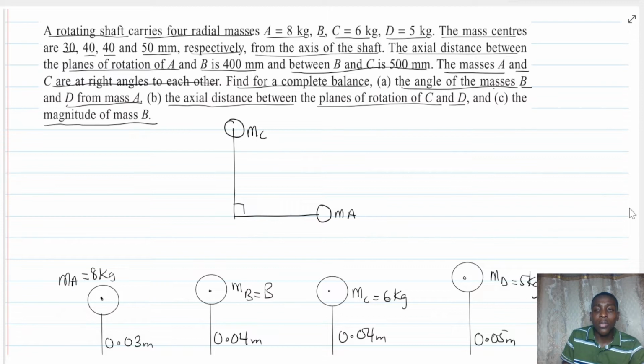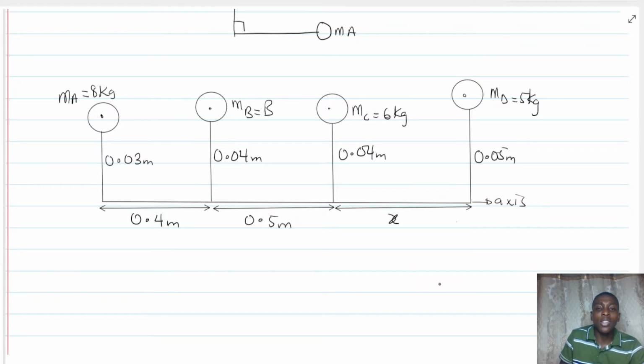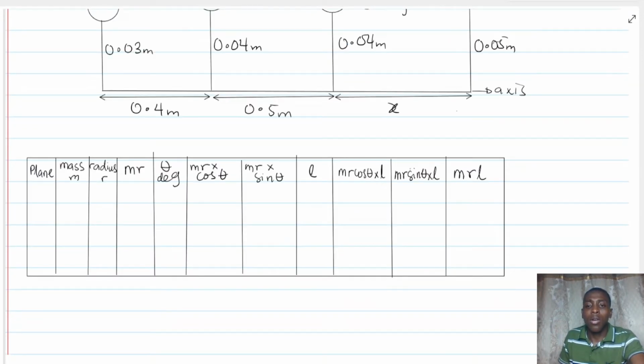Alright, so now having gotten these values, we need to come up with a table which will comprise all we have in this problem. So let's try to get the table right away. Alright, so there we are with the table right here. So the first column represents the planes of rotation.